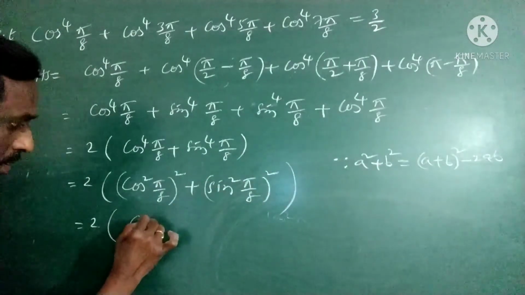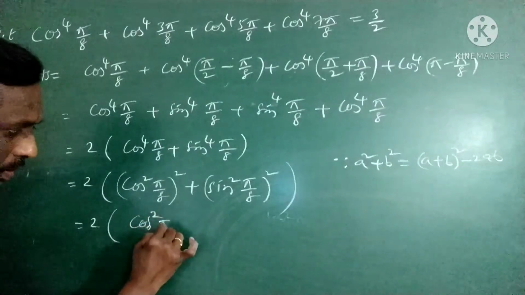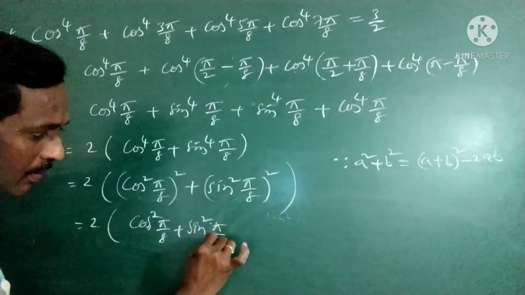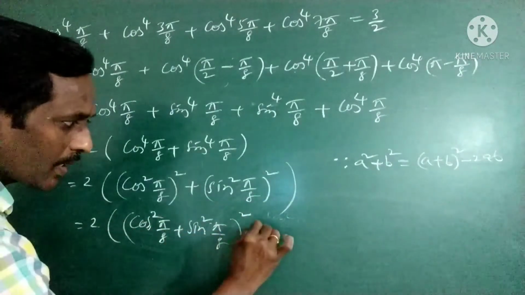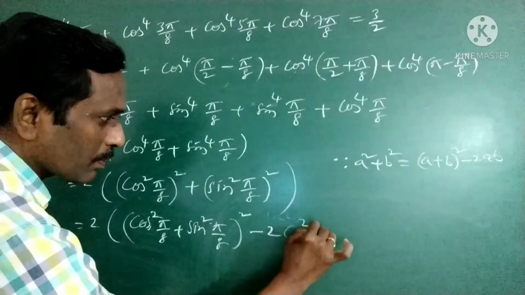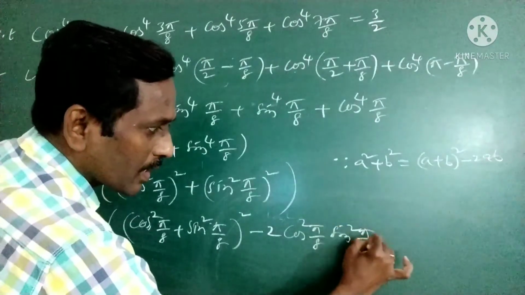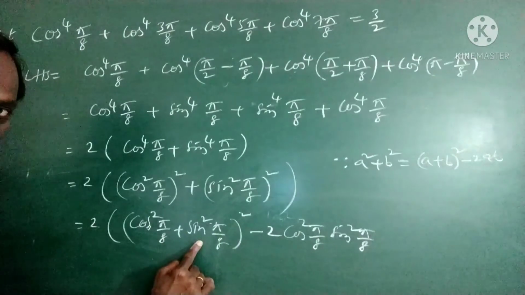So cos square pi by 8 plus sin square pi by 8 of a whole square, minus 2 times a into b, cos square pi by 8 into sin square pi by 8.